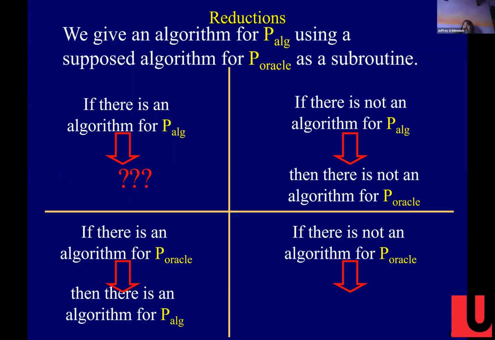No, it proves nothing. It could be that the algorithm for the algorithm problem has nothing to do with what we just did. Similarly, if there's not an algorithm for the oracle problem, that doesn't tell us that there's not an algorithm for the algorithm problem. It just tells us that we have to get it some other way.